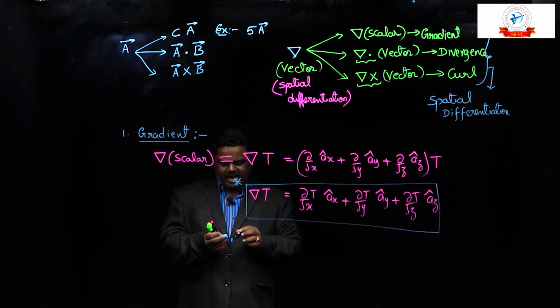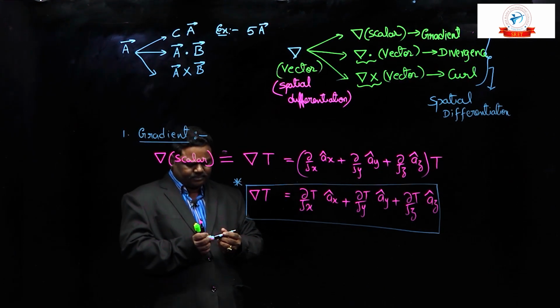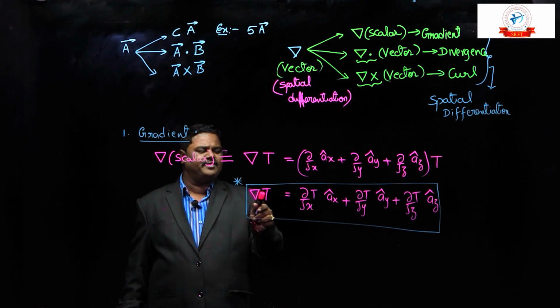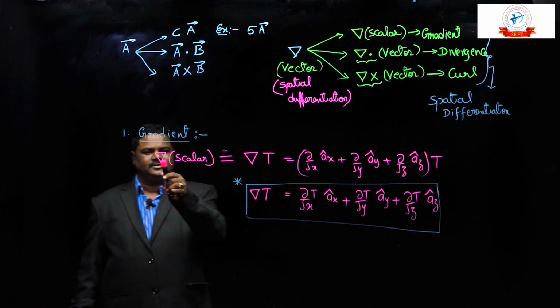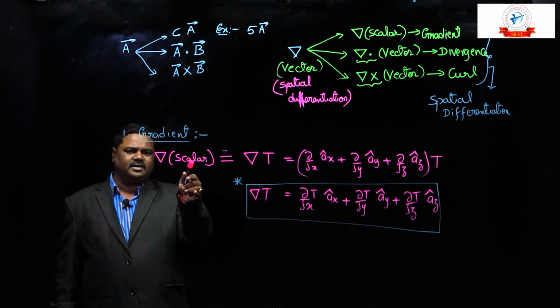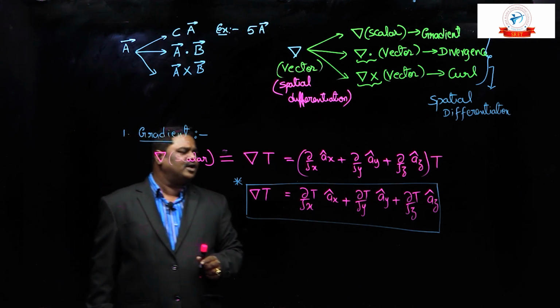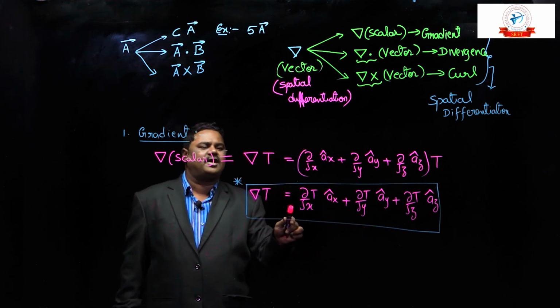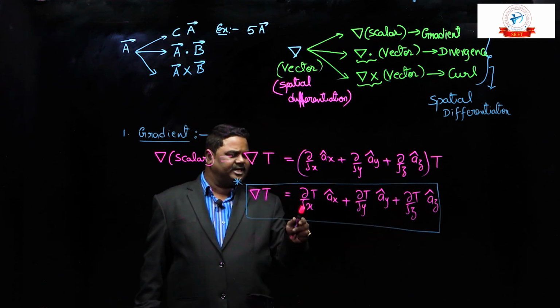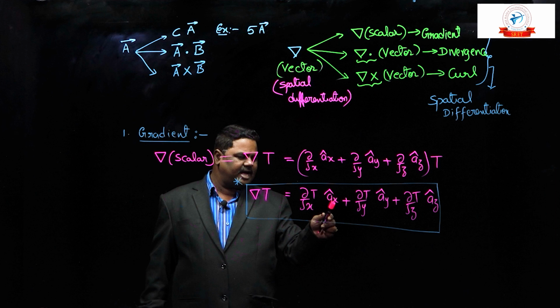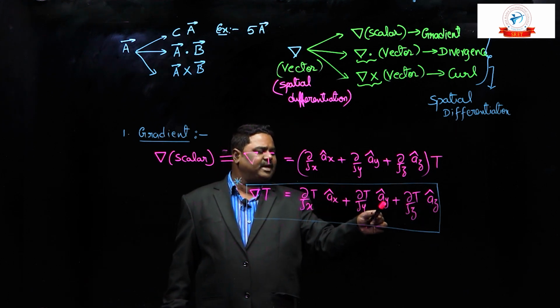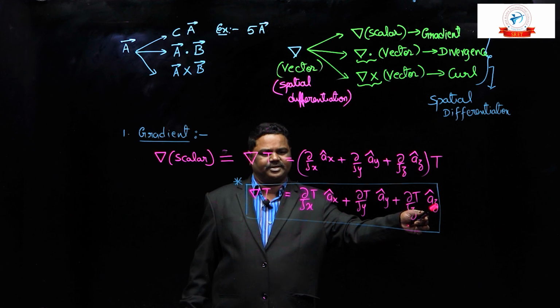Here you have to notice an important point. We have applied a gradient on which quantity? Scalar. Gradient is applicable only on scalar fields. And what is the result? Is the result a vector or scalar? Here the result contains ax cap, ay cap, az cap, which represent direction.